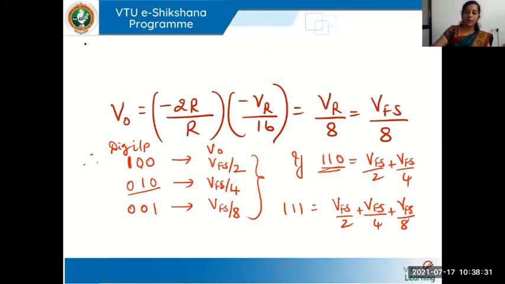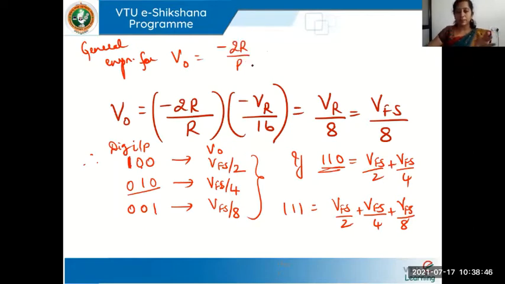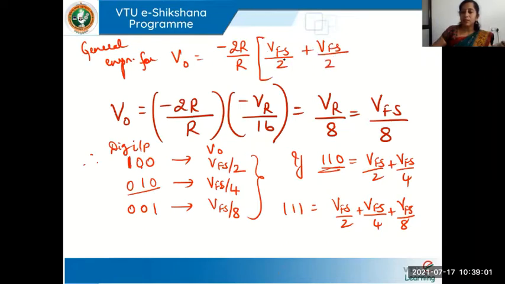For a 3-bit DAC, the general expression for output V0 can be minus 2R by R, which represents the gain of the inverting amplifier, into VFS by 2 plus VFS by 2 squared, this is 2 power 1, plus VFS by 2 cubed. So on, I can say VFS by what?